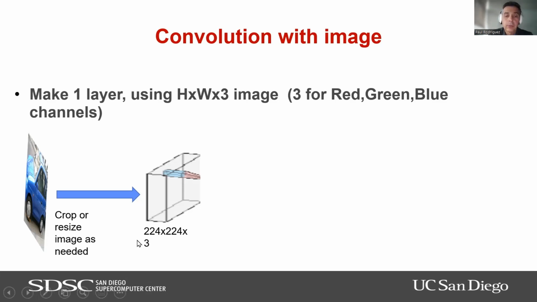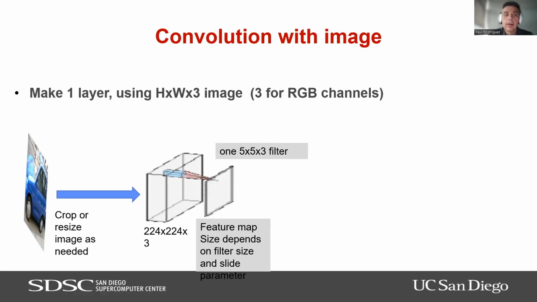And remember, the 3 is because we have red, green, blue channels. So that's our input. Our convolution layer is going to look something like this. We're going to create a filter. This example is from AlexNet, which was the original one that made a big splash and had a big impact on the field.